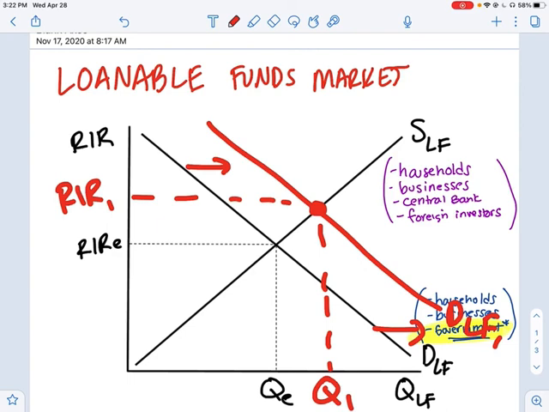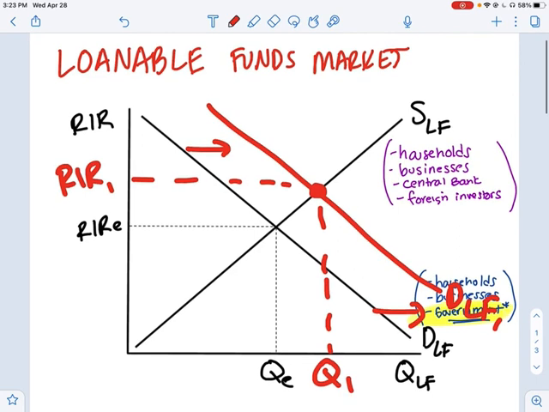But what happens is because they've borrowed money, they've increased interest rates, which is going to discourage households and businesses from borrowing money, which is going to decrease aggregate demand. And there's a little bit of a problem there with that because those two things don't really mesh. So again, that's another conversation for another time, but it is something that I feel compelled to share that we're talking about the loanable funds market.